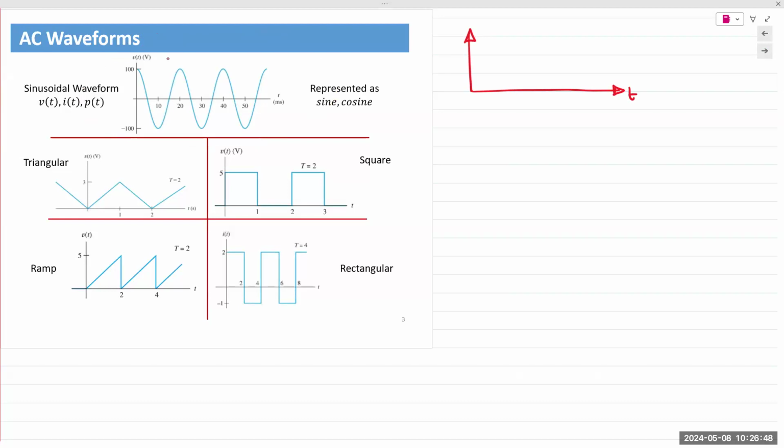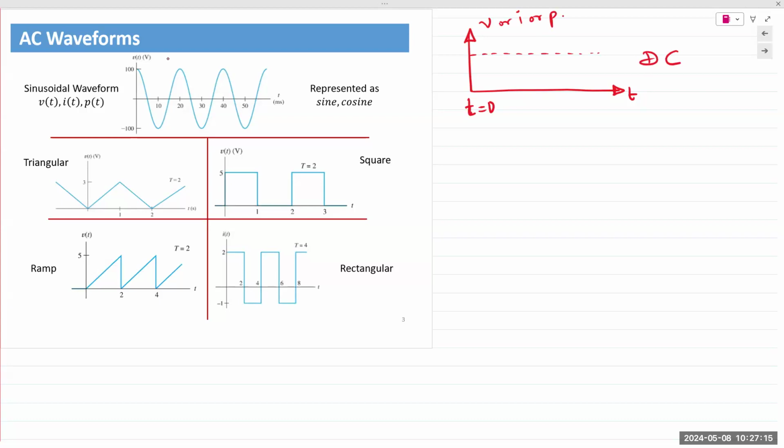So time is always on the x-axis, always. And the y-axis is where time t equals 0. And this quantity could be voltage or current or power, V, I, or P, okay? So depending on the shape, if the value remains constant with respect to time, it is flat, it is a DC waveform.